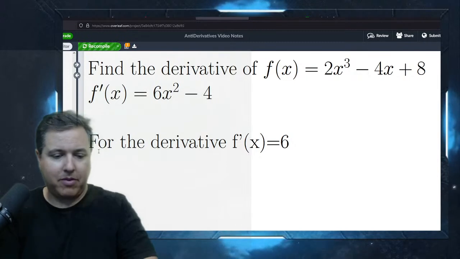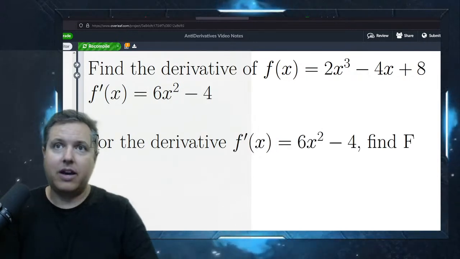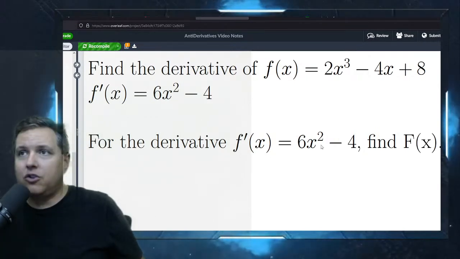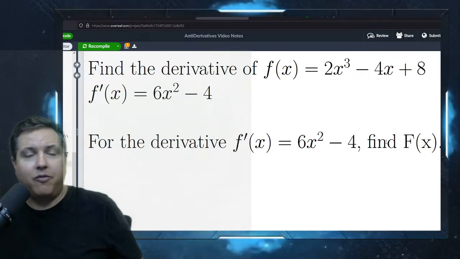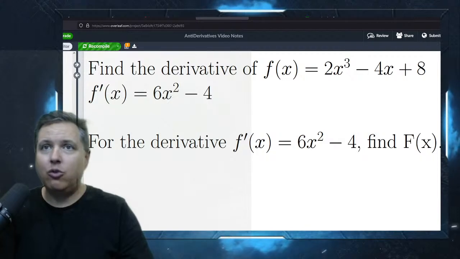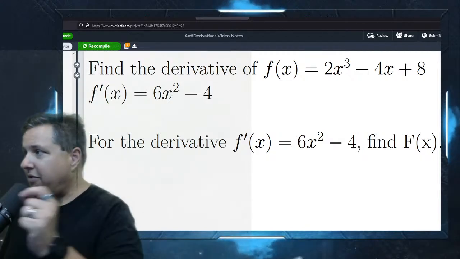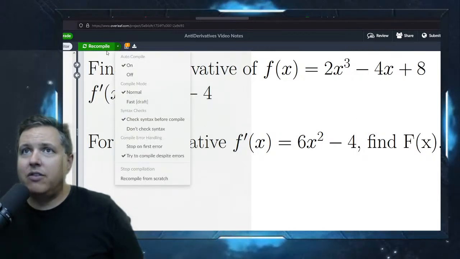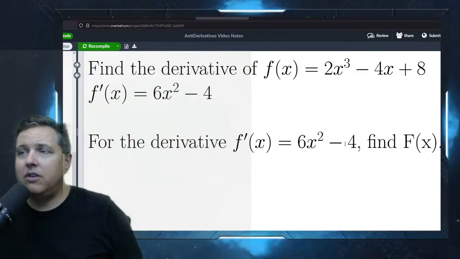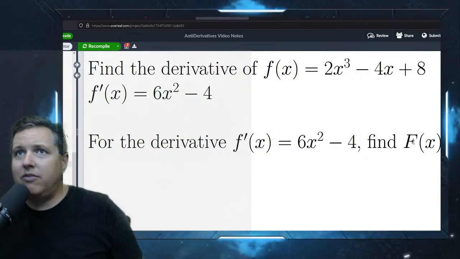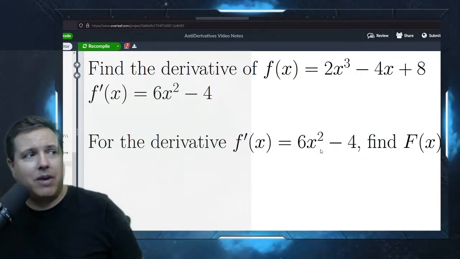Find capital F of x. So starting with the derivative 6x squared minus 4, find capital F of x. And remember, that means we want to find the function whose derivative is little f of x. So find the function capital F of x that when you take its derivative, you get this thing, 6x squared minus 4.